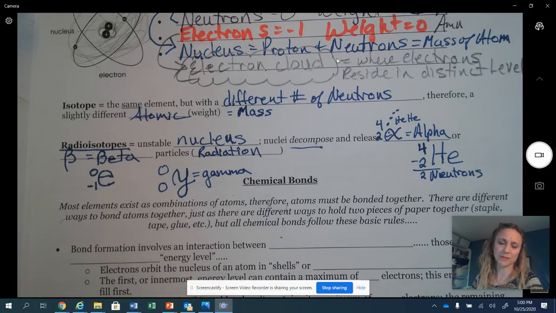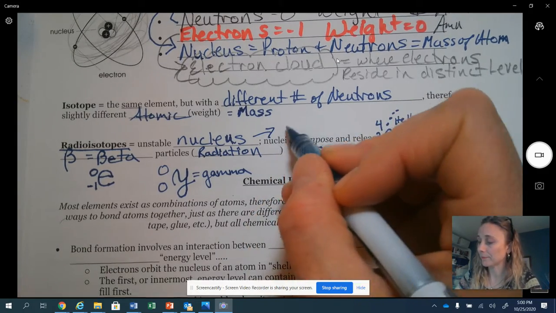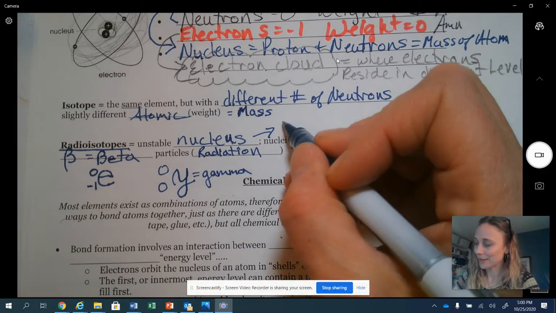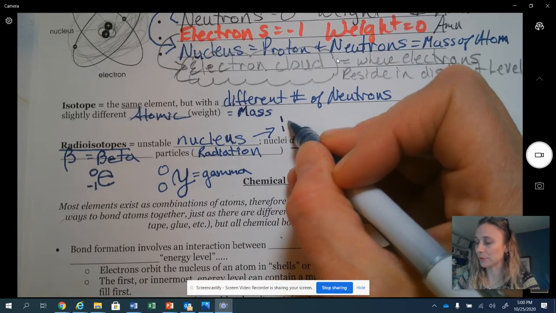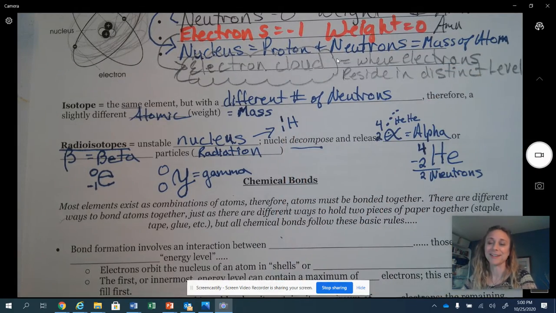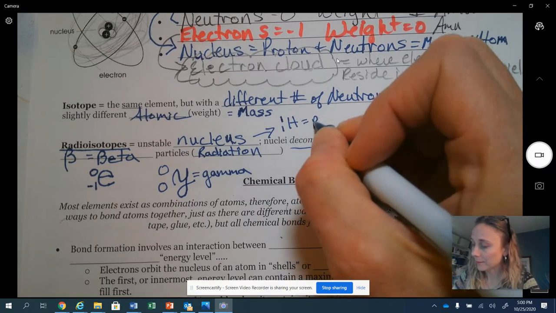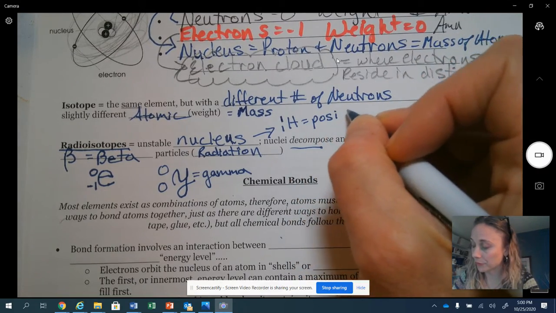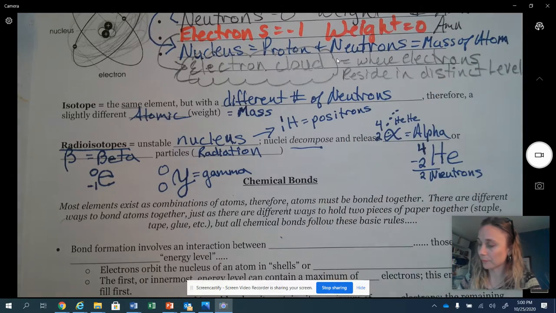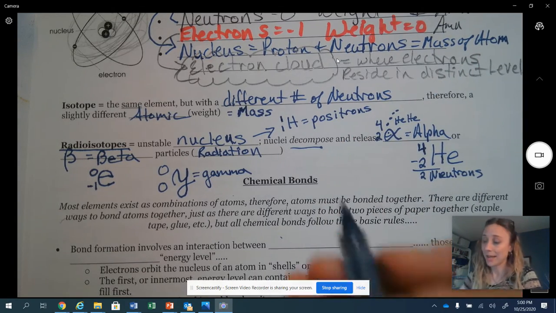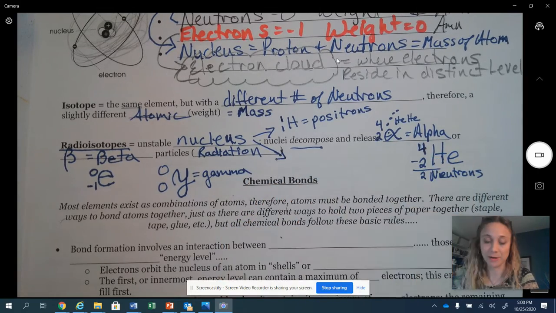There's other types, honestly. You could have a positron. I know, sounds really sci-fi, but it's true. Positrons exist. So it's 1 proton, therefore it's a hydrogen, and it only weighs 1, because hydrogen's atomic mass is 1, because it doesn't have any neutrons. It doesn't technically need them to be stable. An isotope of hydrogen could. But these are just regular hydrogen as radiation, so flying at you at an incredible rate of speed because of the energy being given off.